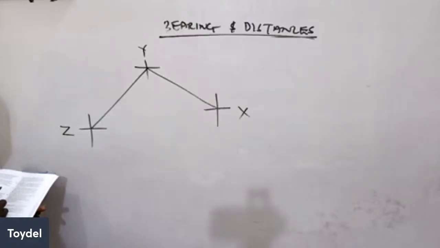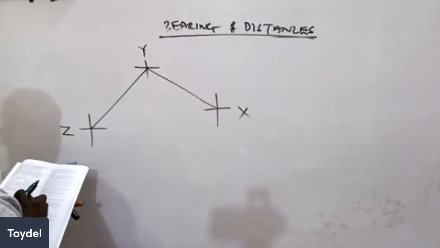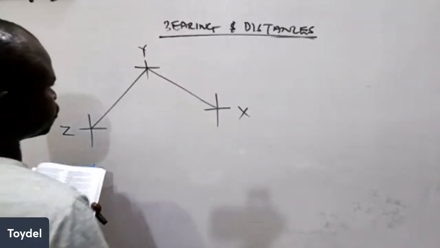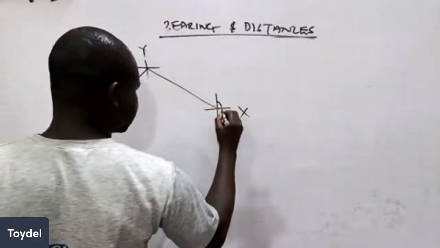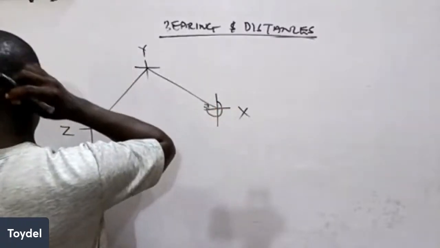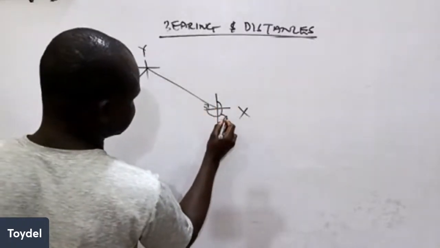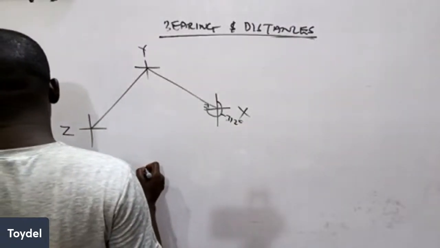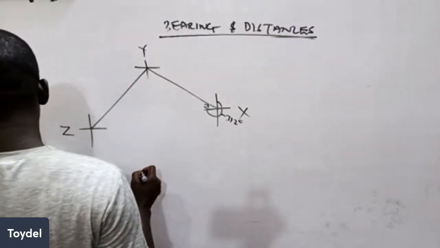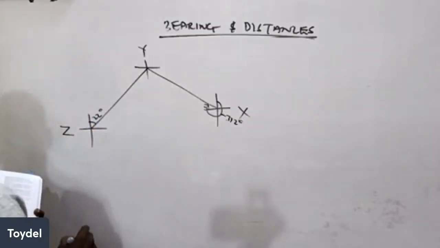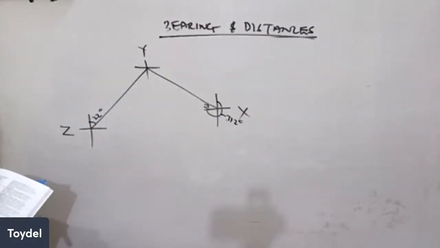The bearing of Y from X is 312 degrees, so here is 312 degrees. And that of Y from Z is 22 degrees.